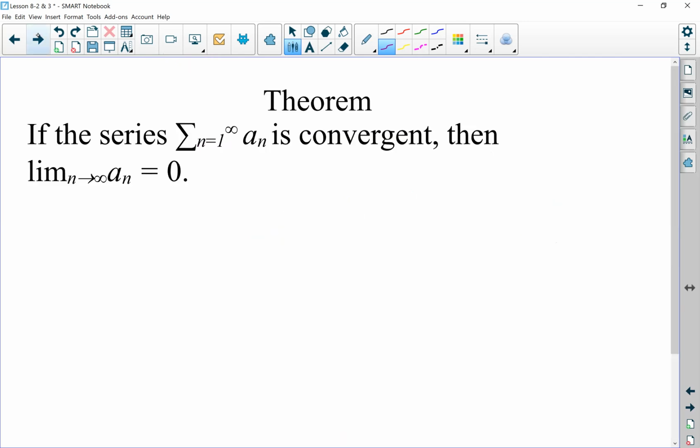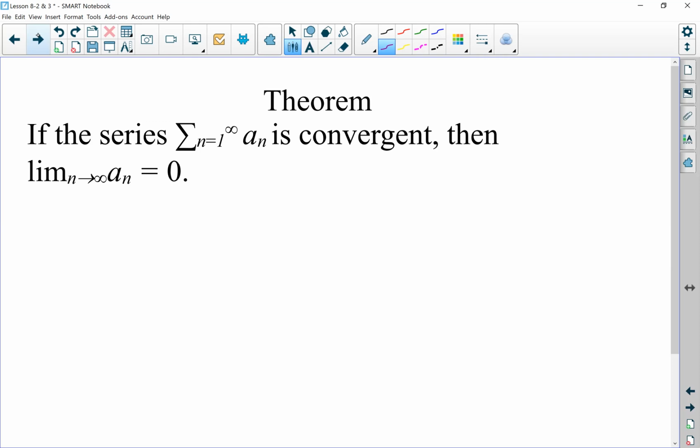All right, so this actually starts 8.3. If a series is convergent, then the limit as n goes to infinity of a sub n is 0. In other words, as we go further and further out with our terms, eventually the terms have to go to 0.